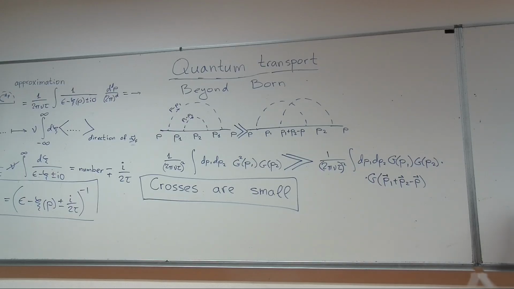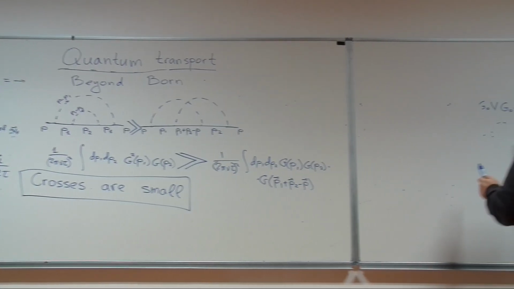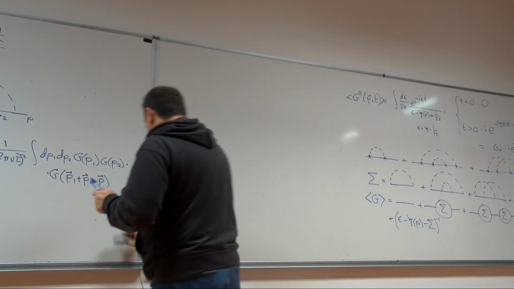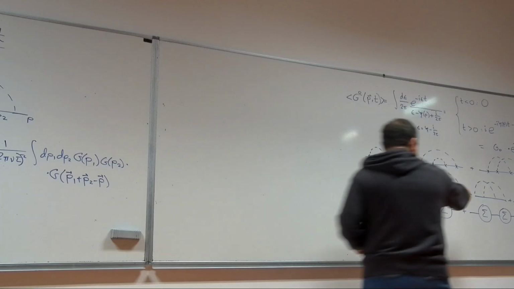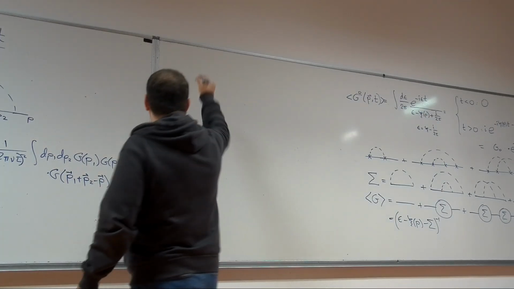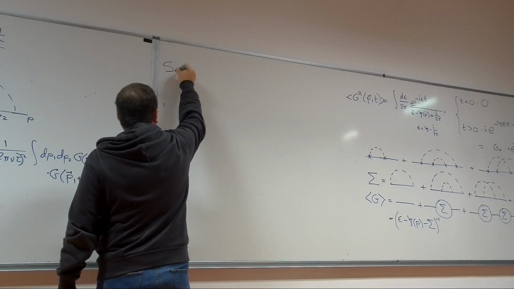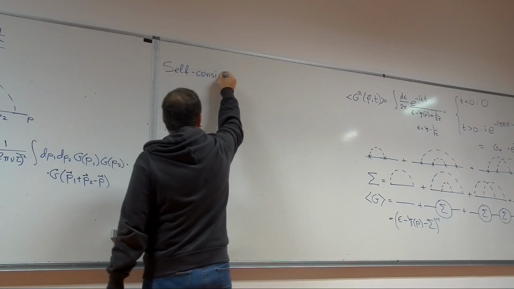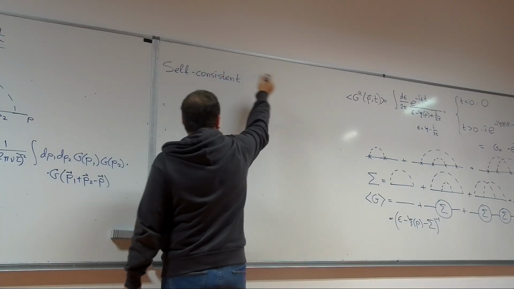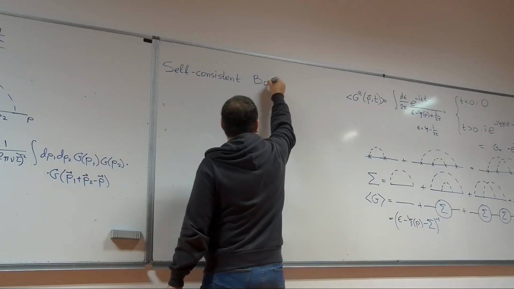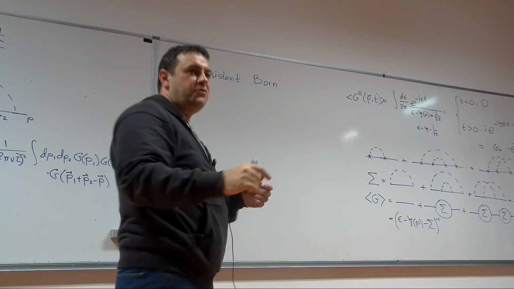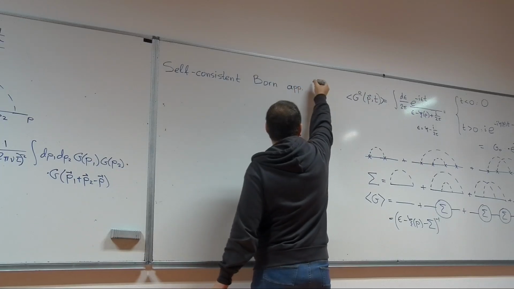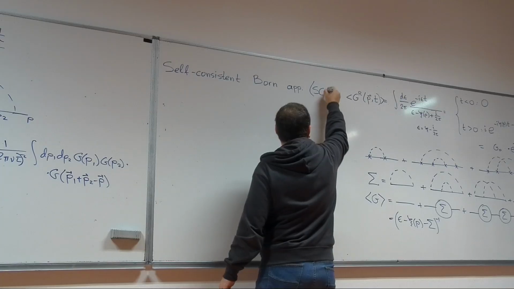We cannot compute the exact average Green function, but if we throw away all the diagrams with crossed lines, then we can. And this is called the self-consistent Born approximation. It's an upgrade of the usual Born approximation. There is an abbreviation, it's called SCBA.